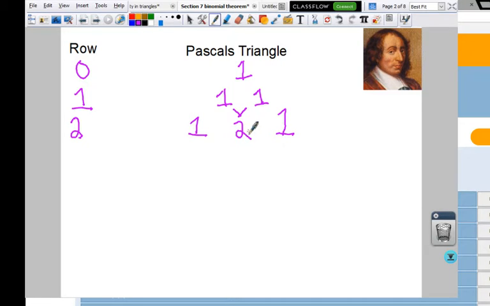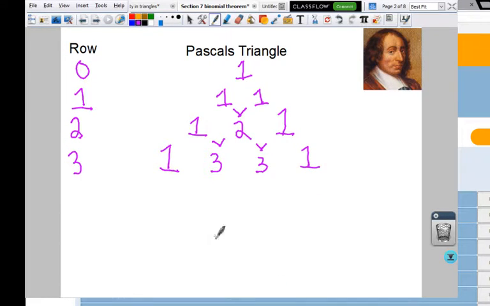So only a 2 in the middle in row 2. Row 3 is going to get a little more complicated. We're going to start with 1, right? They all start and end with 1. I'm going to add together these 2 now, get 3, and then I'm going to end with 1.